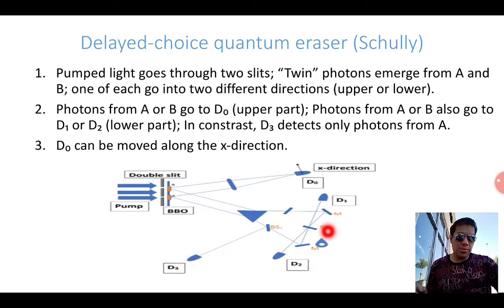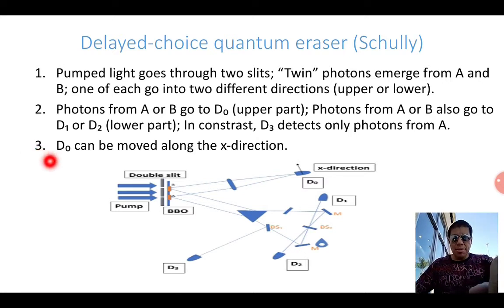These 2 detectors here don't tell you which path the information is coming from. So you can think of this one as a wave. We're going to obtain some kind of wave behavior here, and some particle behavior here, everything in quotation marks, because we're speaking very loosely here.